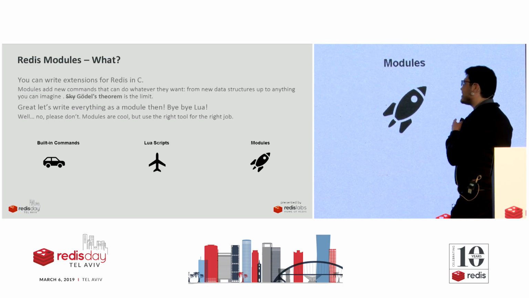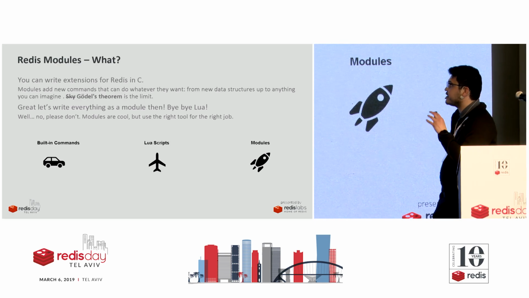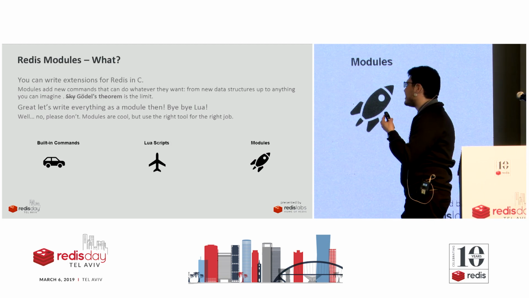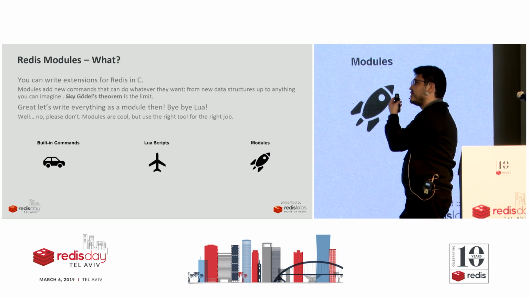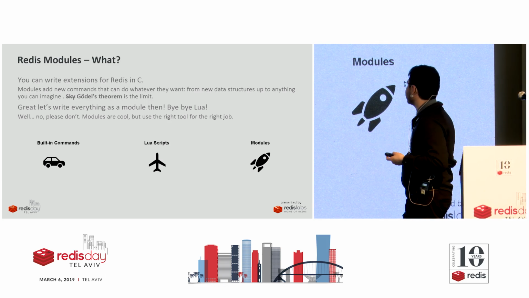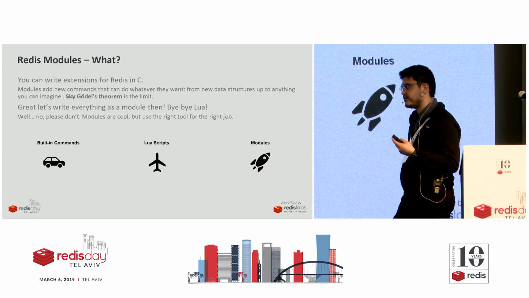Modules, they are more like rocket ships. So if an airplane is good to go to another country, you would not enroll in a space program if you just wanted to move to another country. That's what I want to say. And with modules, you can add even more custom behavior.